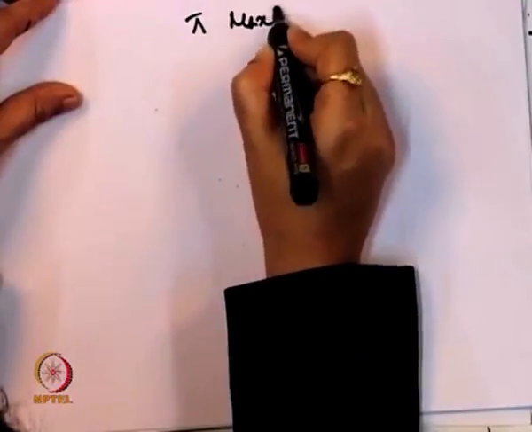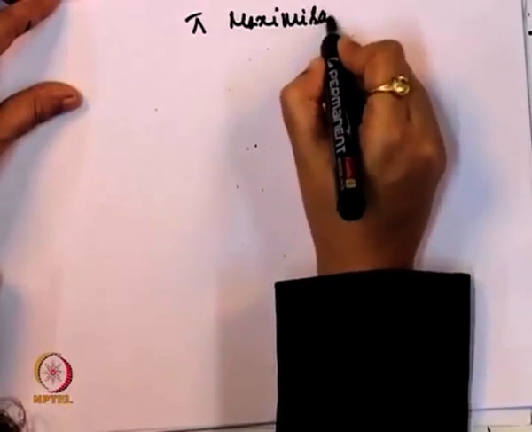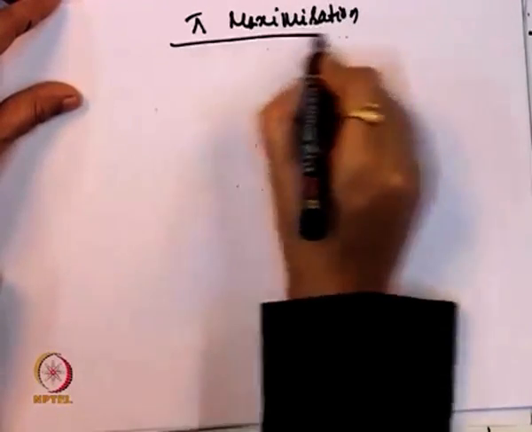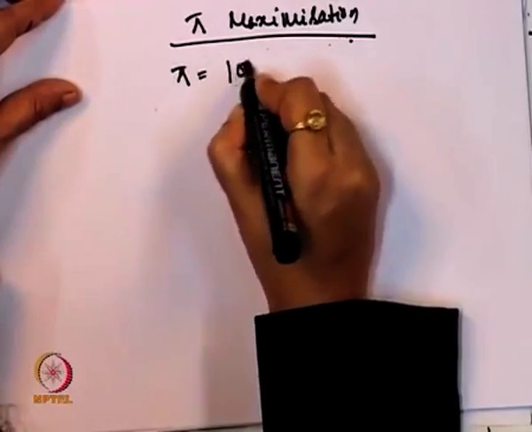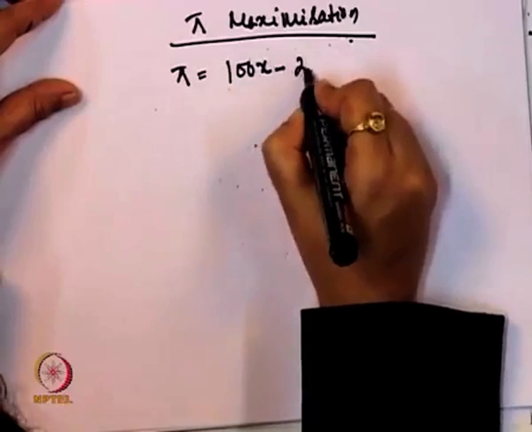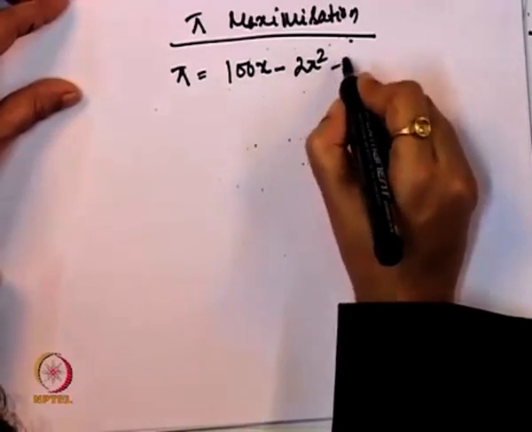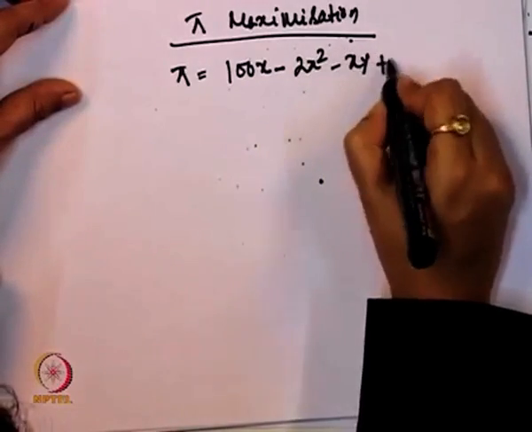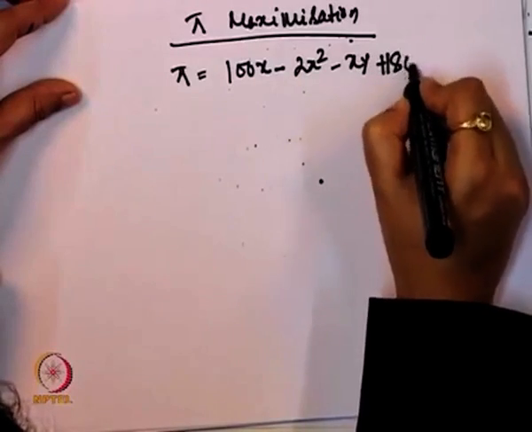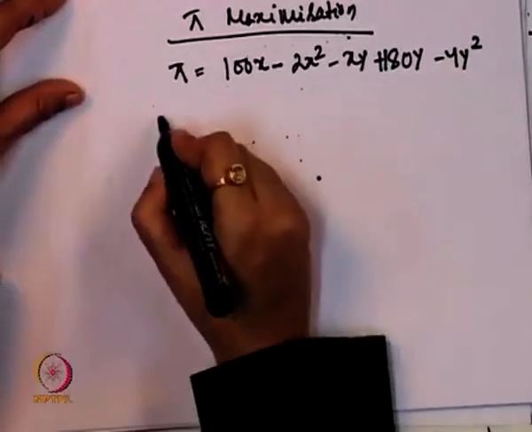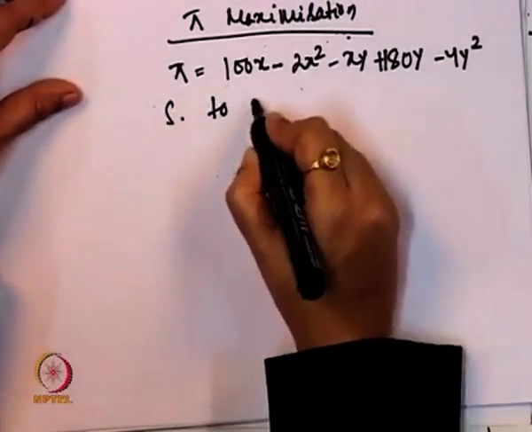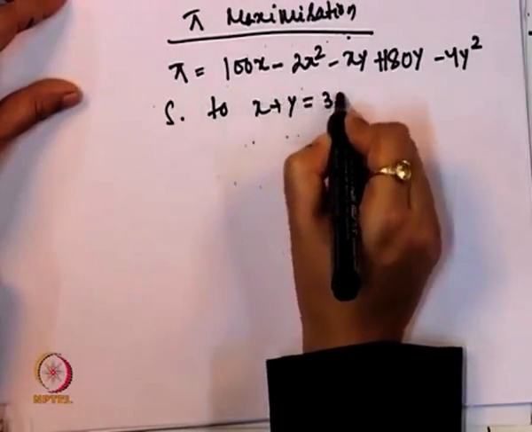Let us take a profit maximization case. Suppose the profit equation is 100x minus 2x square minus xy plus 180y minus 4y square, again subject to x plus y is equal to 30.